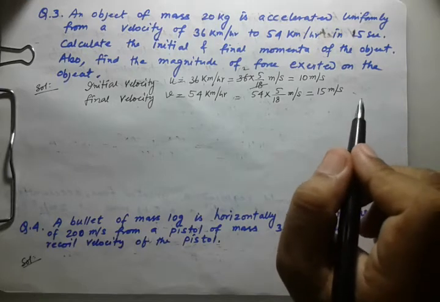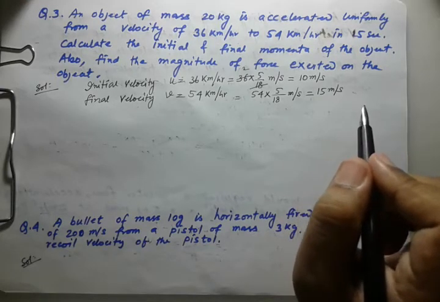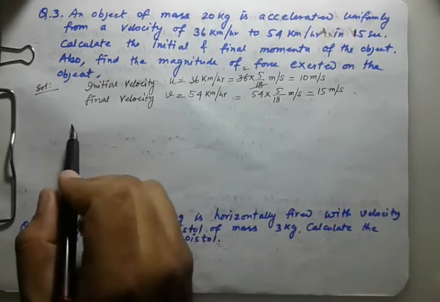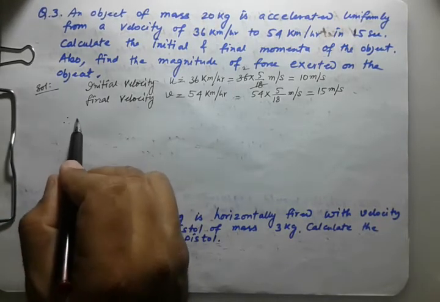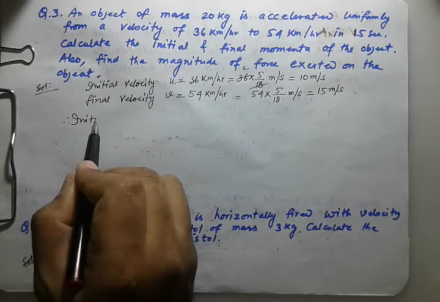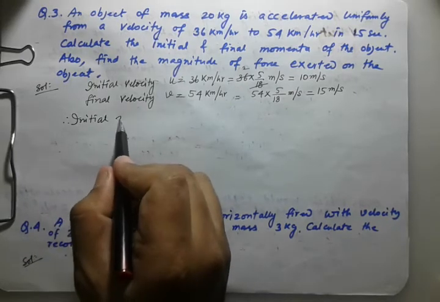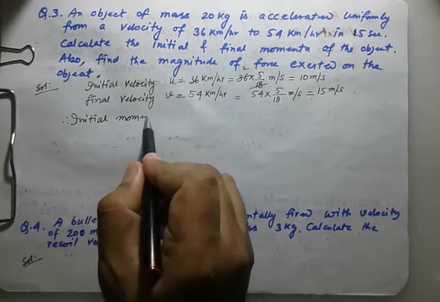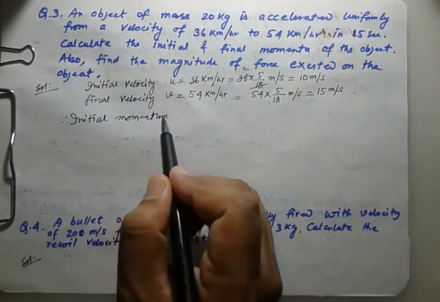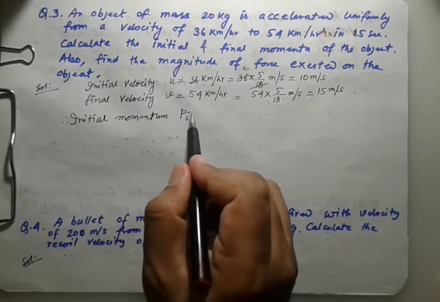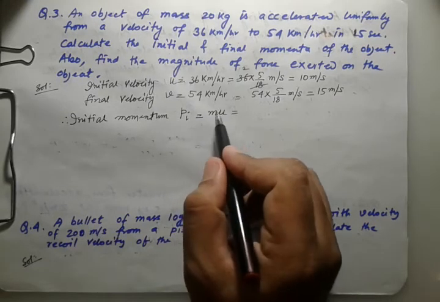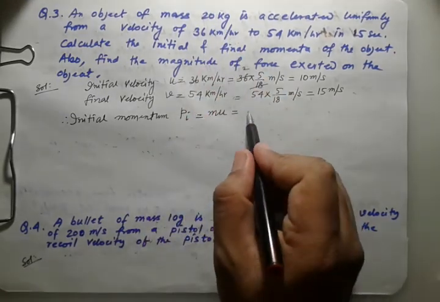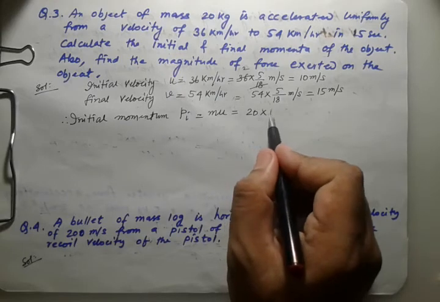Okay, so you have to find out the initial momentum. So initial momentum we can write as Pi is equal to mu. M is 20 kg, u is given 10.